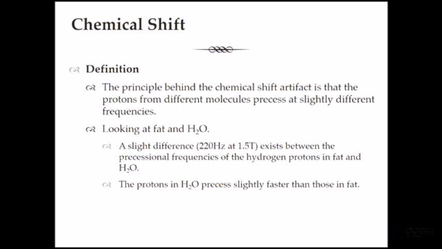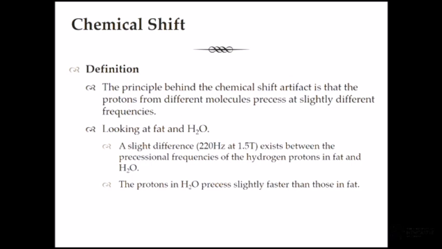At 1.5 Tesla, there's a slight precessional frequency difference between fat and water, and it's 220 Hertz at 1.5 Tesla, or double that at 3 Tesla.